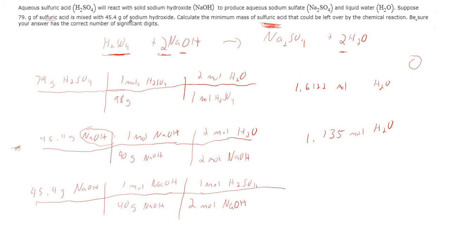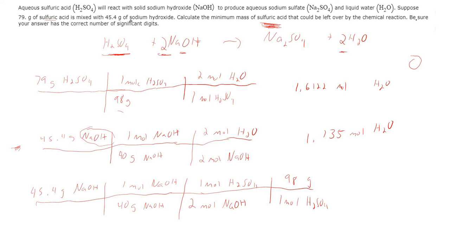Now, it's asking for the answer in grams, and so I'm going to say for every 1 mole of H2SO4, I already said that there are 98 grams. Okay, this is going to give me the grams that are consumed by the sodium hydroxide.